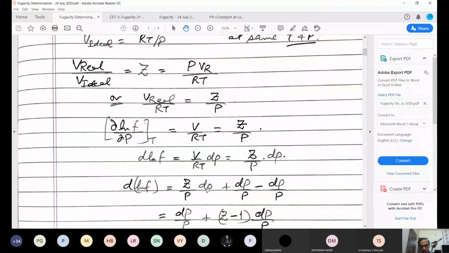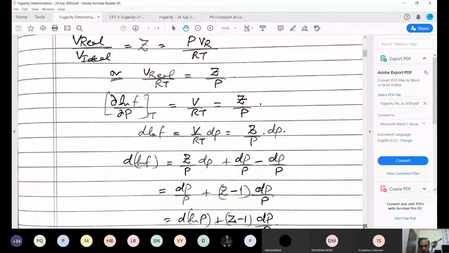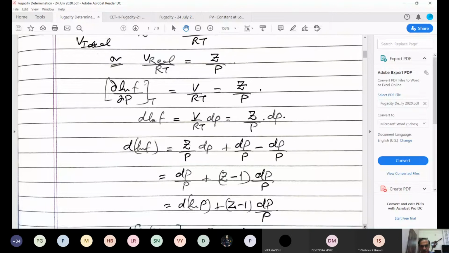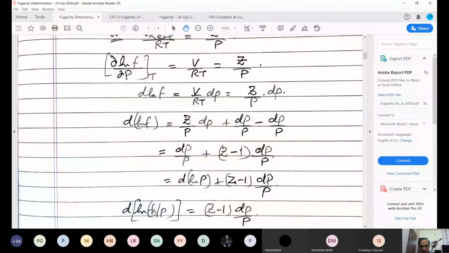Z into dP by P is already there. Here we add dP by P and subtract dP by P, so we get dP by P on one side, and combining the other two terms gives Z minus 1 into dP by P. And dP by P is nothing but d ln P, plus Z minus 1 dP by P. So if we take d ln P to this side, it becomes minus d ln P, so that is nothing but d ln f by P is equal to Z minus 1 into dP by P.